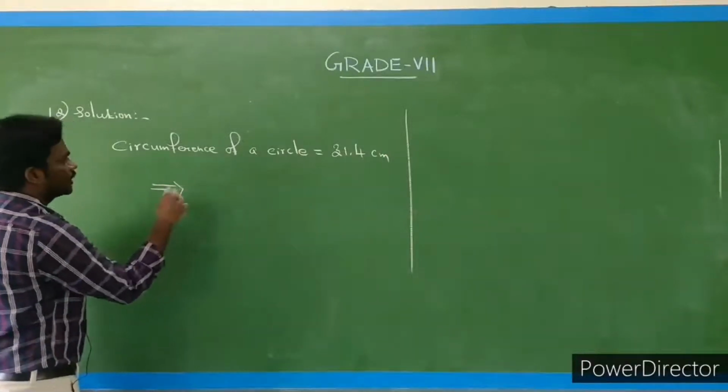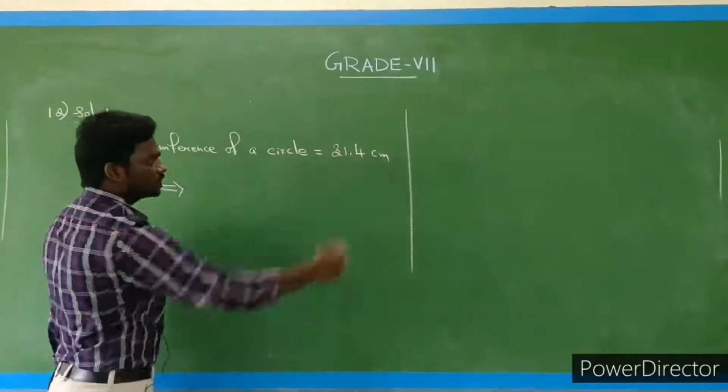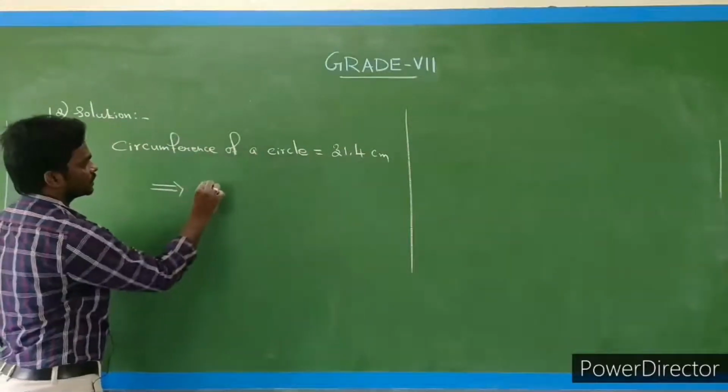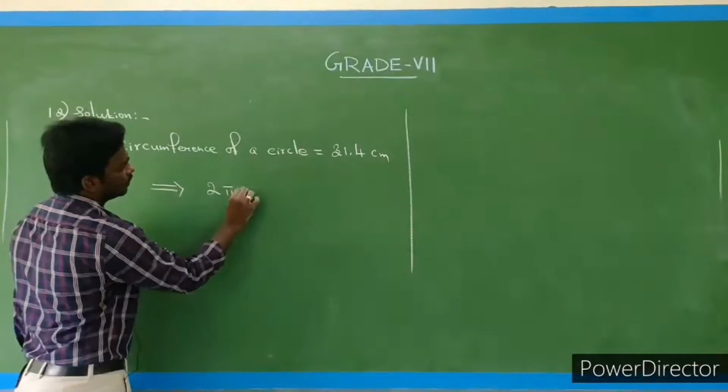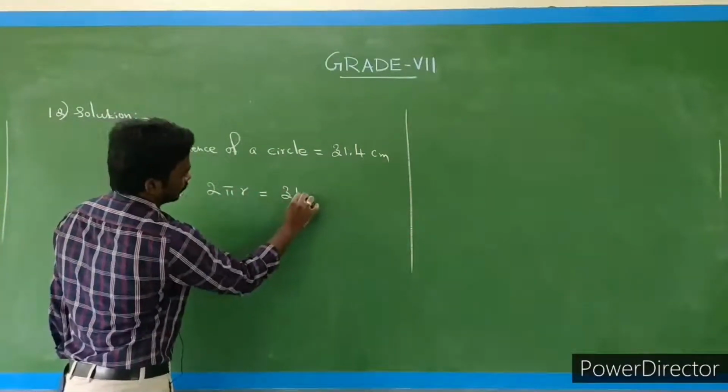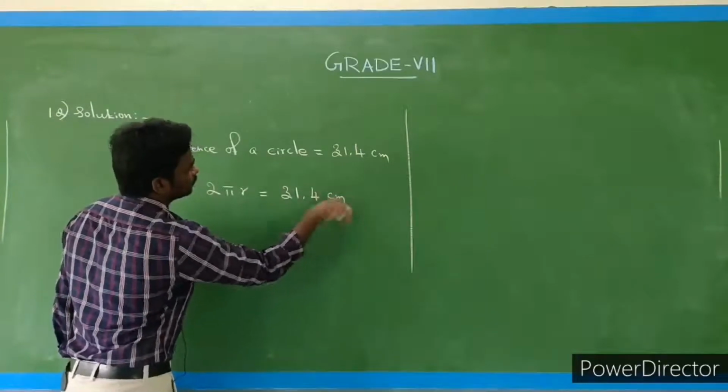So we have to find the radius of the circle. Implies that circumference of a circle is equal to 31.4, which implies, what is the formula for circumference of a circle? 2 pi r, which is equal to 31.4 centimeter.